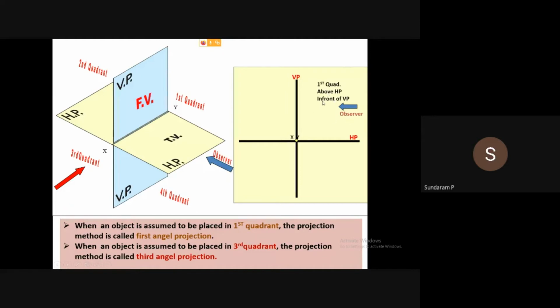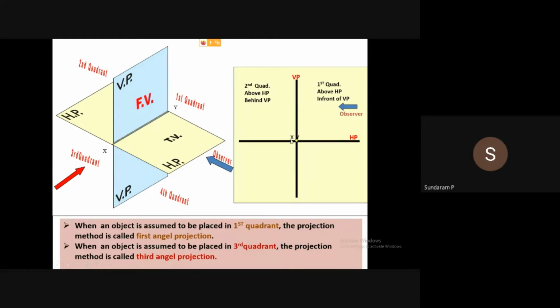When we assume the object in the first quadrant, we can describe its position: the object is in front of the vertical plane and above the horizontal plane. The object may be a point, a line, or a 3D solid, whatever it may be. Suppose we place the object in the second quadrant, with the observer position here.